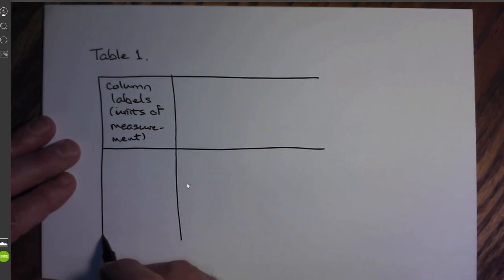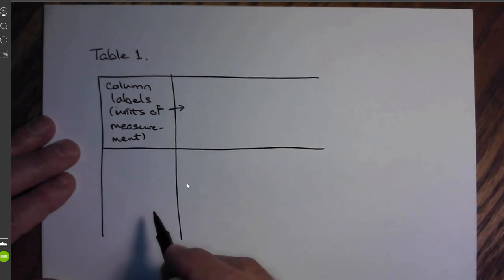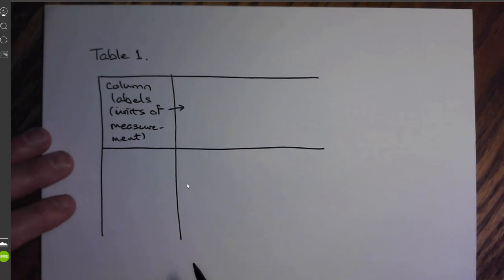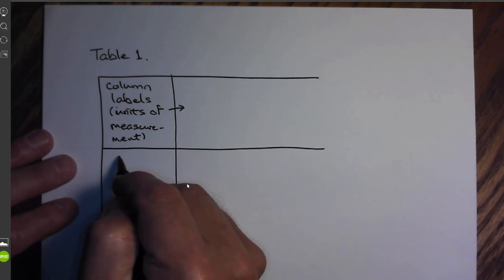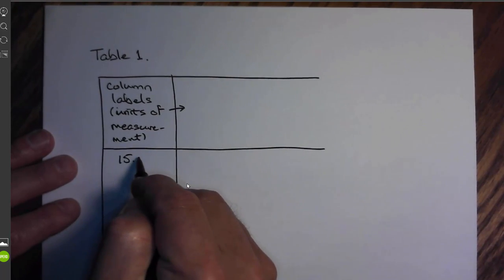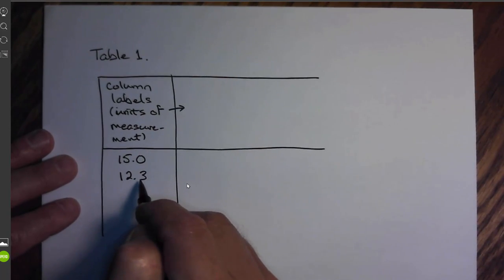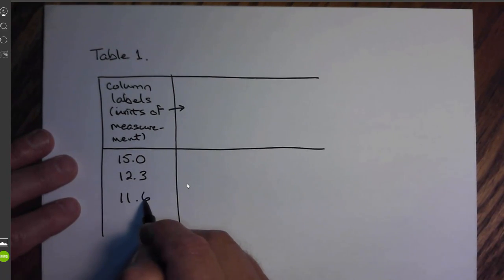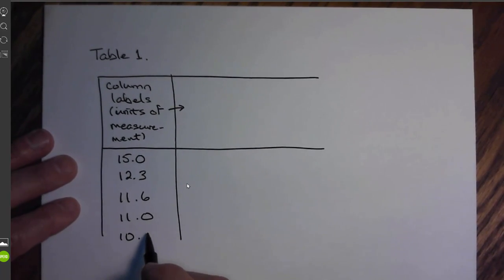And then you're going to have numbers in each of these columns, okay? So I'm not going to do the second column with the same thing. I'm just going to put some numbers in here so we can talk about a graph, okay? Let's say I've got some measurement of, I'm going to start with 15.0, and then I'm going to go to 12.3, and 11.6, and 11.0 and 10.8.